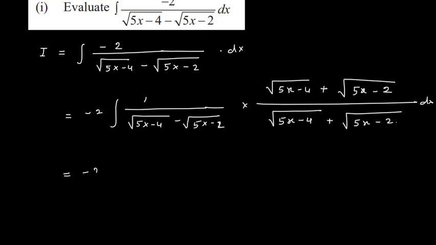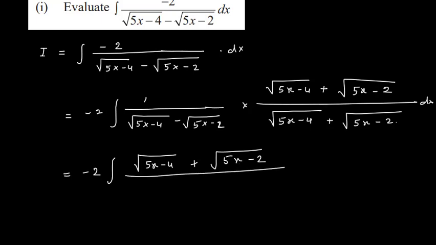So here in numerator you have root of 5x minus 4 plus root of 5x minus 2, and in denominator it is a minus b into a plus b will become a square minus b square. That is, this root 5x minus 4 will become 5x minus 4 minus this will become 5x minus 2.